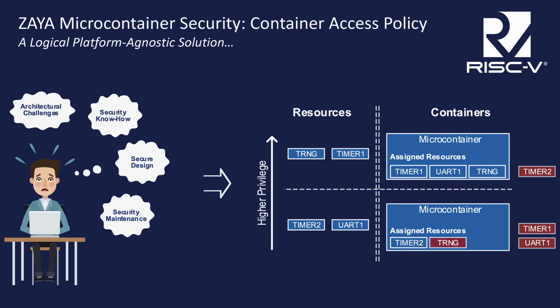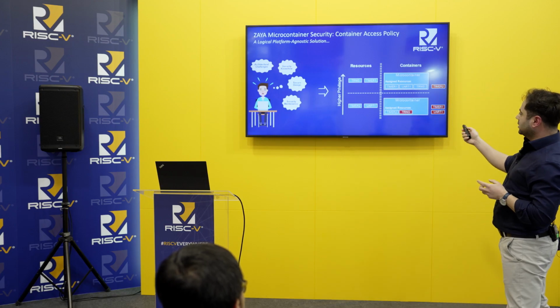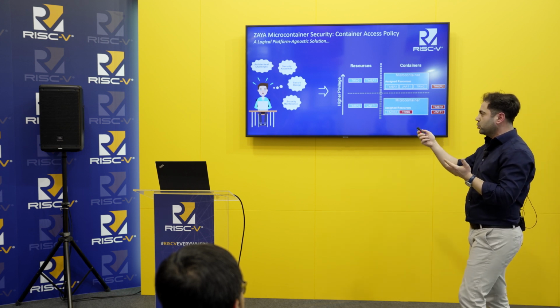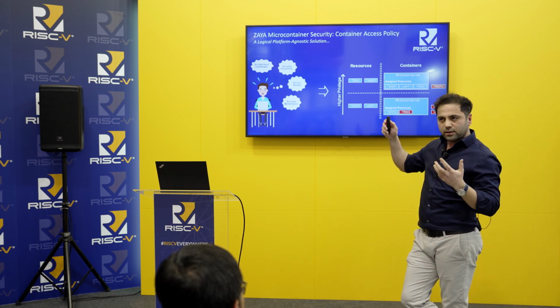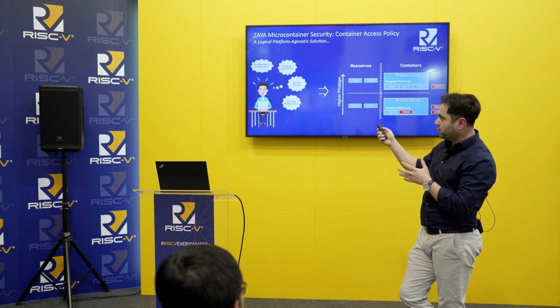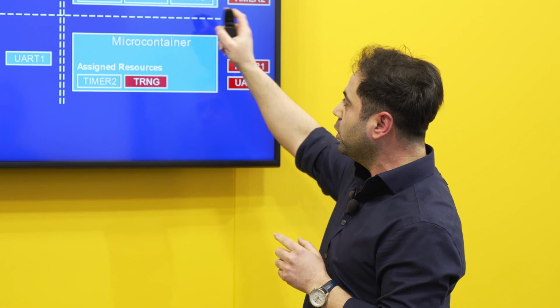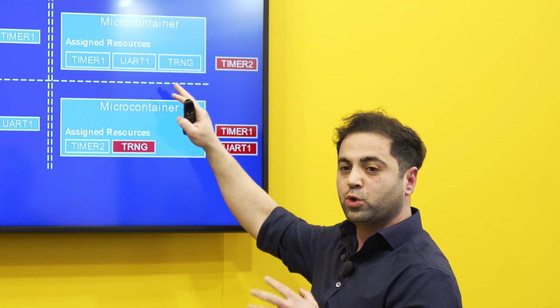But in addition to PSA requirements, we also offer access policy for containers. It's a logical solution, so you don't need to be a security expert or RISC-V expert. You can define your resources. You can give different privileges for resources, and you have to explicitly assign a resource to a container.